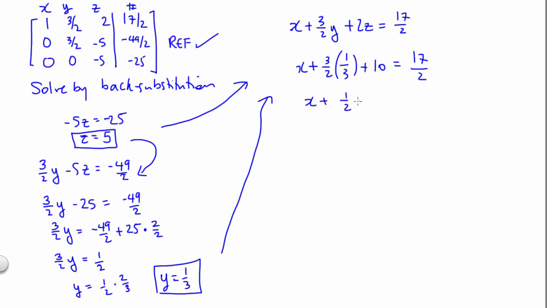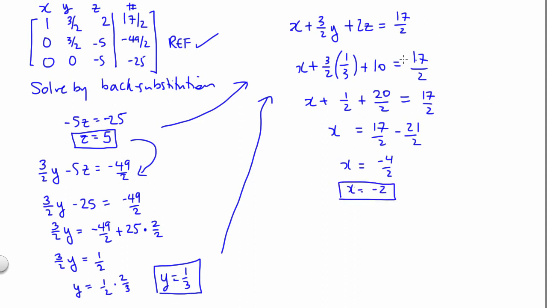x plus 1/2 plus, let's make this 10, 20/2. Okay, that way we can say x is equal to 17/2 minus 21/2. In other words, x equals minus 4/2, or x equals -2.